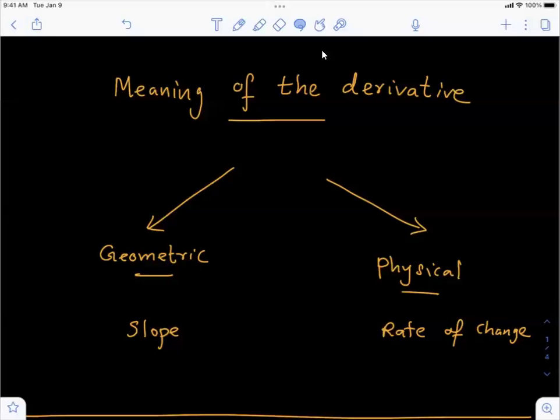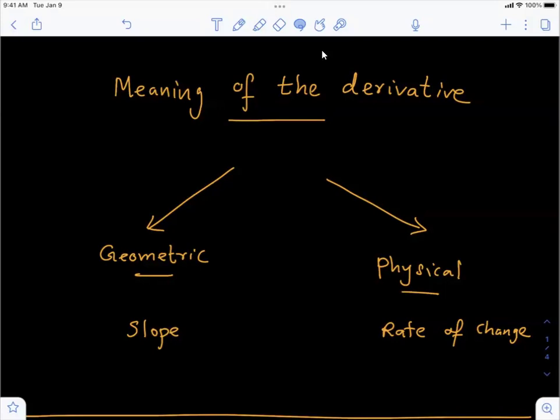When you consider the geometric meaning, it can open up many geometric properties that you can employ in applications. And when you consider the physical interpretation of the derivative, you can consider a variety of applications in real world setting.